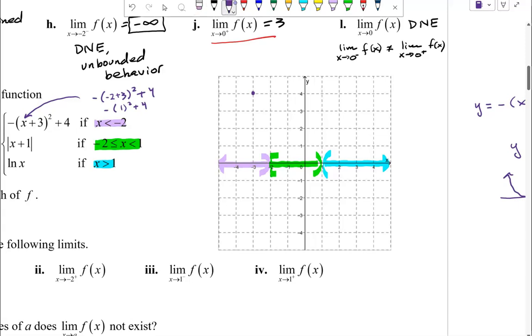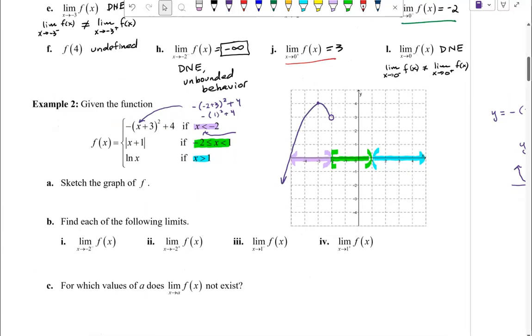And notice that we have a strict inequality here in purple, so our x cannot equal -2 on the purple graph, so we're going to put an empty circle there. So this portion of the graph is going to look something like that.